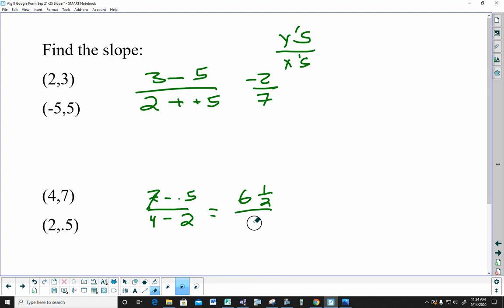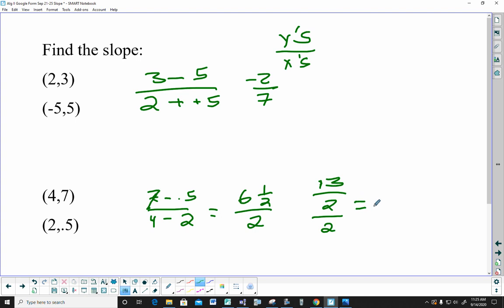See what I'm saying? Arithmetic errors? 2. You can't leave it like this. It's a compound fraction. It's a fraction within fractions. What you have to do is make this an improper fraction. 6 times 2 is 12, plus 1 is 13. So it's 13 halves over 2.